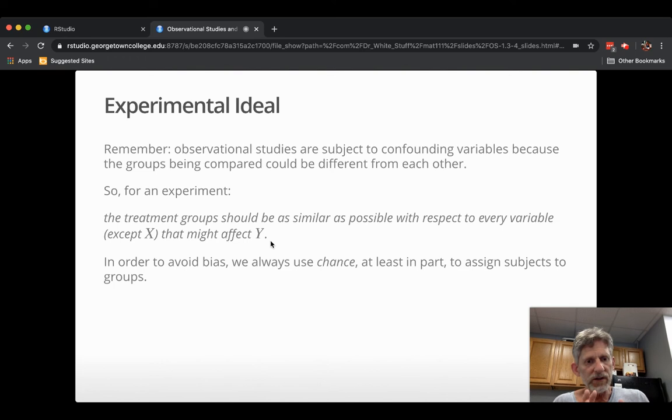If you could get your treatment groups to just be the same looking, except for how they're treated, then if they differ in their response variable, you can attribute that difference to how they're treated and not to some other variable out there. Then you could really say, yeah, it's the X variable that's causing the Y. It's how we treated them that made the difference.